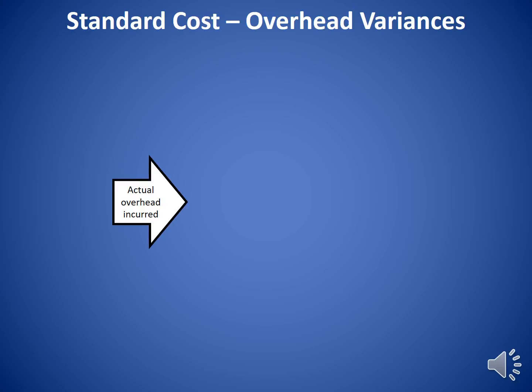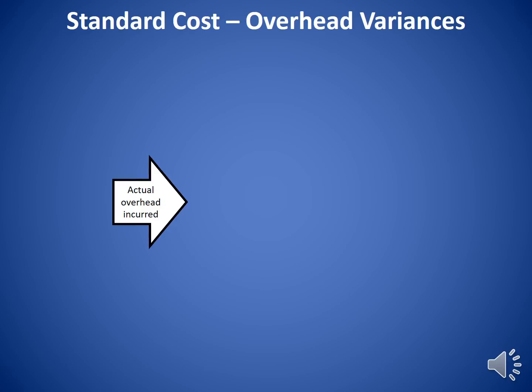So we're going to apply our overhead to work in process using what we call a POHR, predetermined overhead rate. Later on, we're going to compare that to the actual overhead we incurred and determine whether or not we over or under applied overhead. So right now, let's take a look.